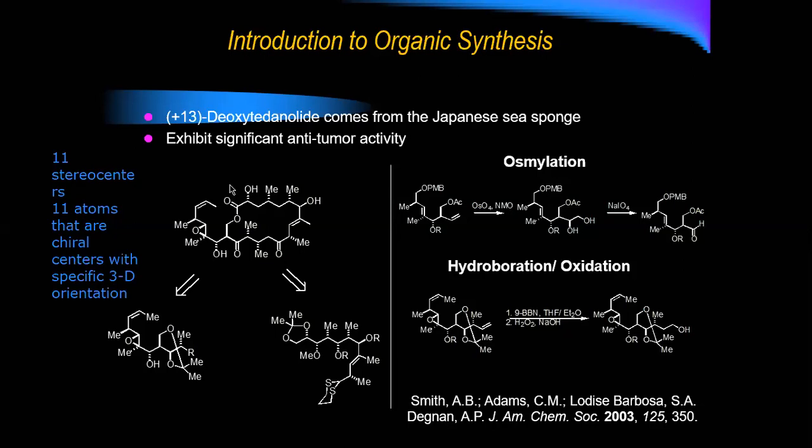I don't know exactly what 2 to the 11 is, but it's something in the millions. So you've got millions of possibilities for these stereo centers and their configurations, but you need this one. That makes synthesis that much more difficult, and it makes being able to make these compounds that much more impressive when you can make one isomer out of millions of possible isomers.